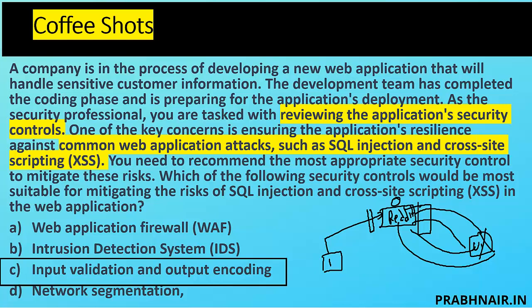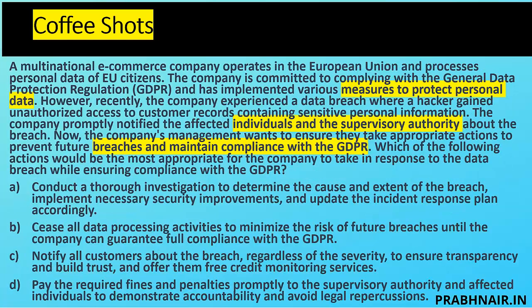In this question, typically you need to apply the think like a manager principle. A multinational e-commerce company operates in the EU and processes the personal data of EU citizens or residents. The company is committed to complying with the GDPR and has implemented various measures to protect the personal data. However, recently the company experienced a data breach, which means past tense, where a hacker gained unauthorized access to customer records containing sensitive personal information.